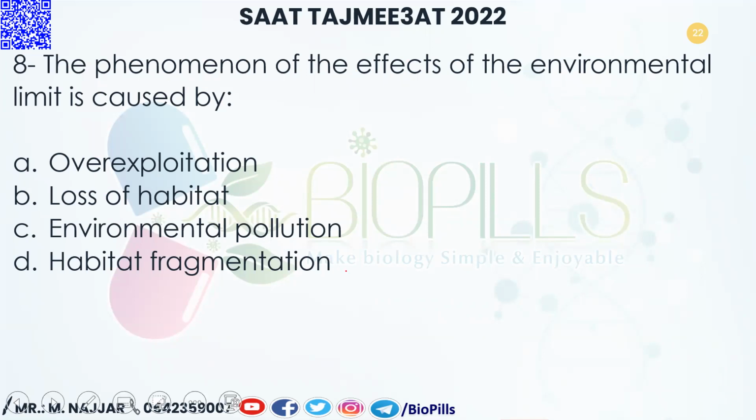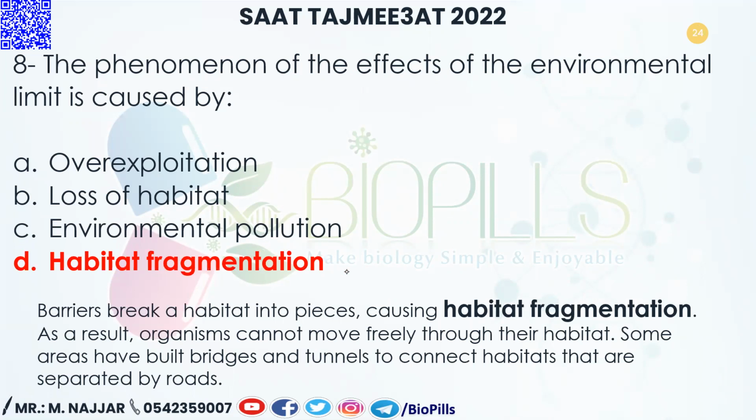Let me talk a little about the habitat, what habitat fragmentation is, how it comes about, and how we can overcome it. The habitat is the place where the organism lives. If anything causes the fragmentation of the habitat, for example, something common that we can see every day: if you are walking by the highway and there are camels encountering a road, this road causes habitat fragmentation.